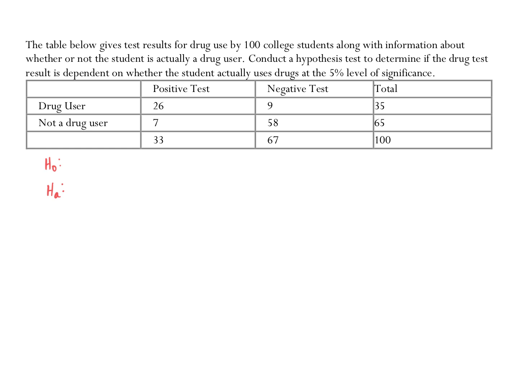Whenever we have that, our null hypothesis is always going to be that the 2 variables are independent. My alternative hypothesis is always going to be that they're dependent. I'm going to ask that you write them in context. So I might say, for my null, test result is independent of drug use.